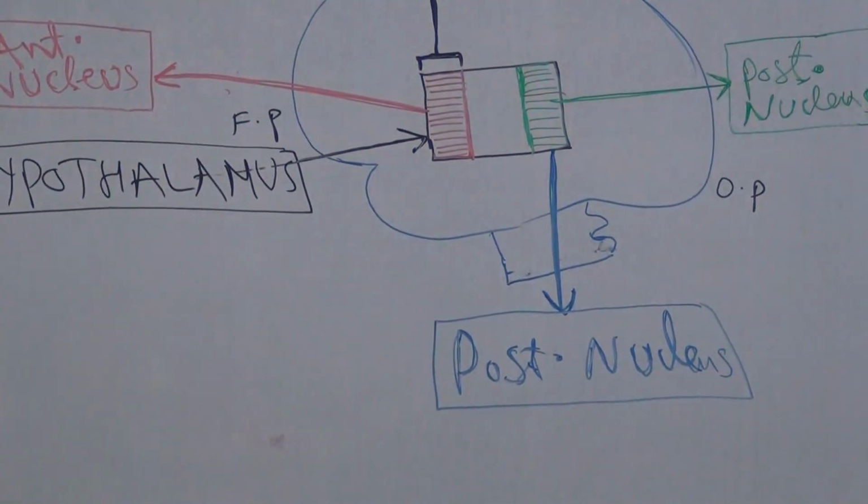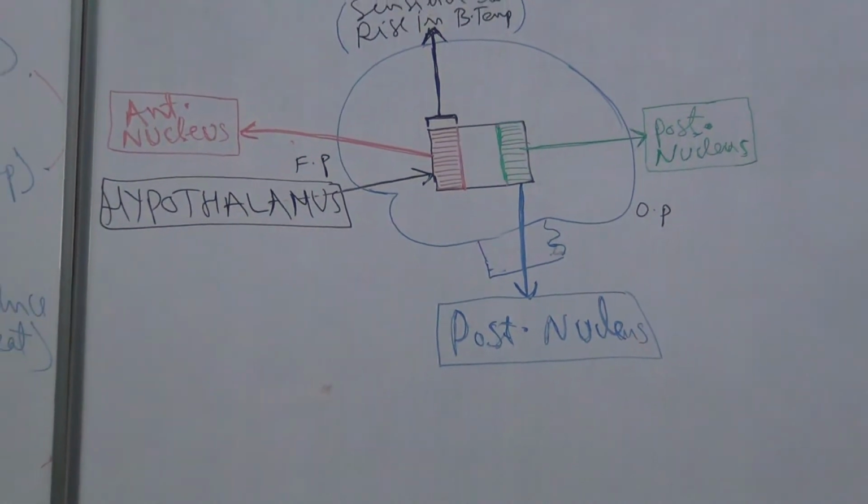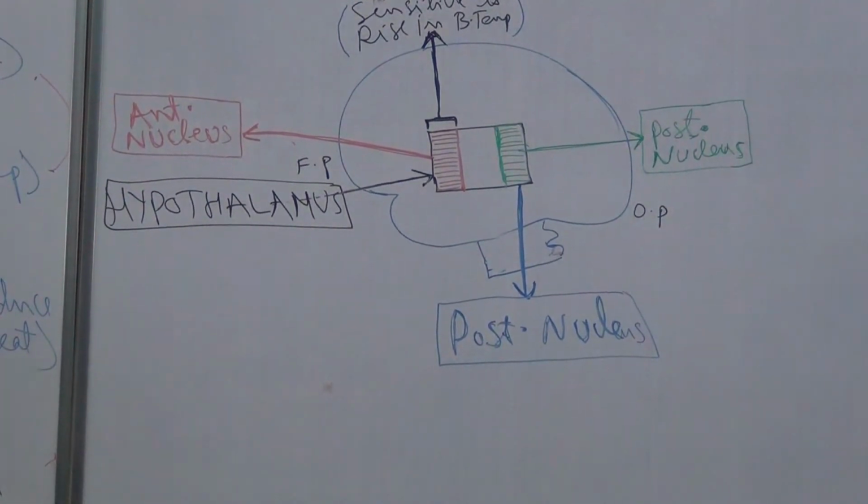Posterior hypothalamus, as I told you, is sensitive to a drop in body temperature.